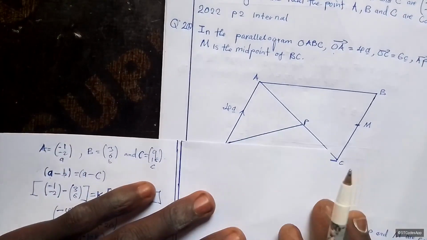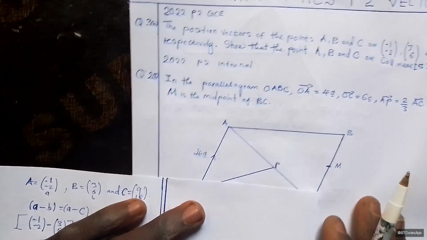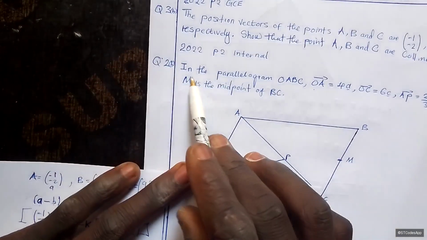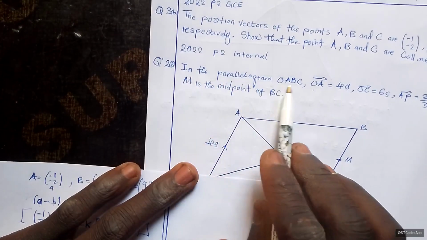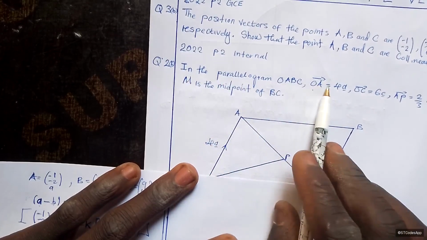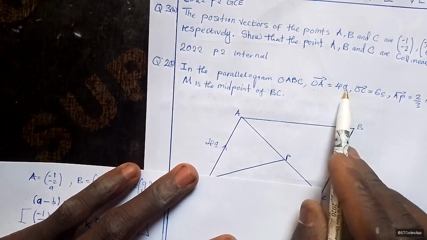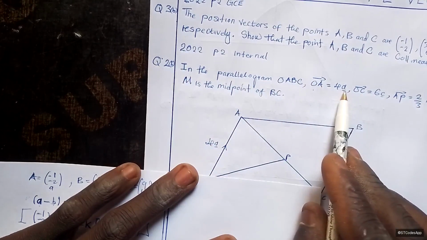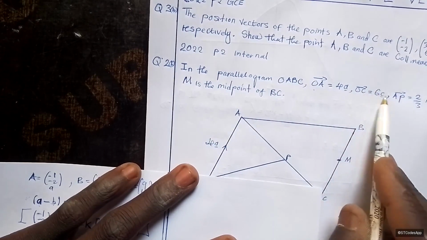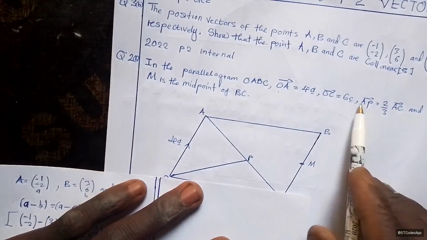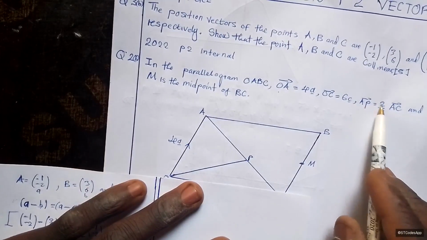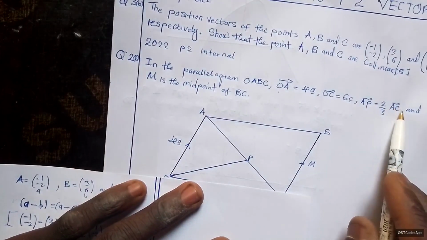2022, paper 2 internal. Okay. So the question here is saying, in the parallelogram OABC, OA is equal to 4a vector, and a vector is represented by a bar. OC is equal to 6c vector. AP is equal to 2 over 3 AC vector.